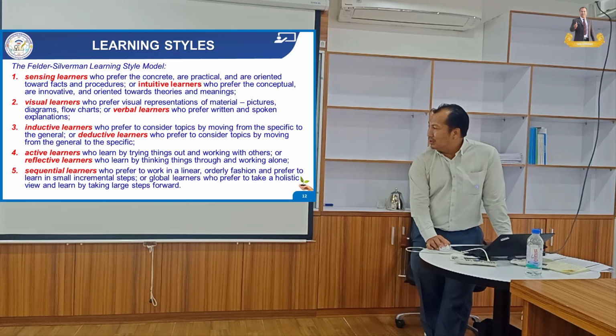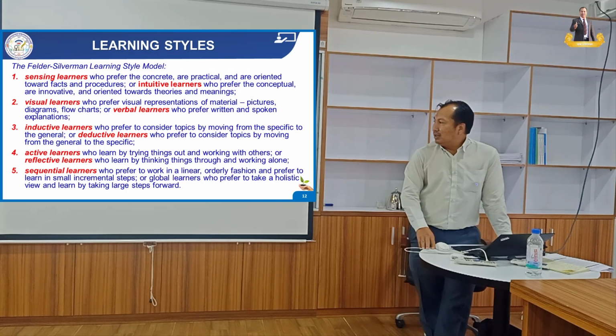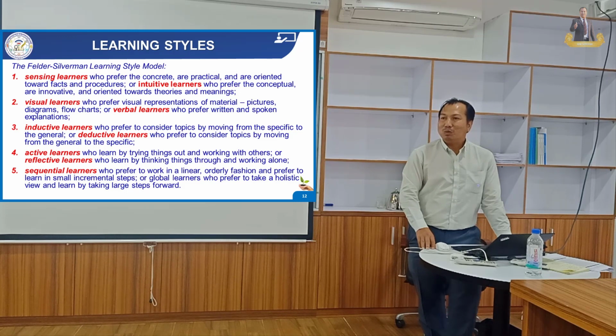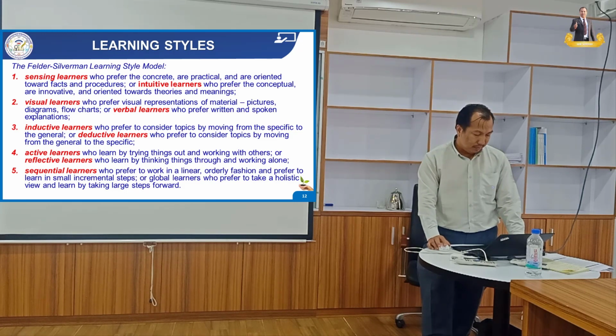The active learner works with others, but the reflective learner, some part they may stay alone, and maybe a quiet place is the best place for them to work in here. They need to concentrate and reflect on some part. So somehow we can say a reflective learner might be an isolated person as well.